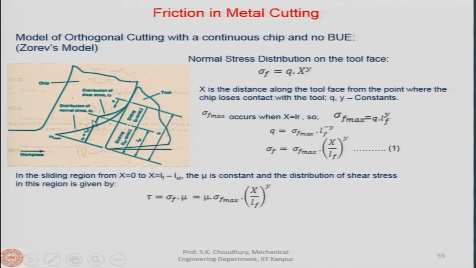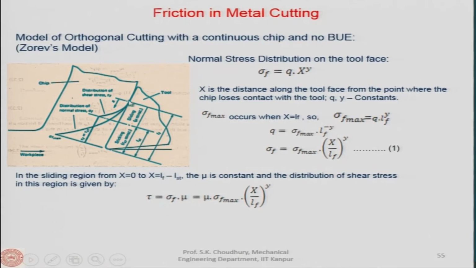But here in this zone, that is the sticking zone, the shear stress remains maximum, and the shear stress is constant everywhere. Let us say this is equal to tau_st. Tau_st is the shear stress in the sticking zone. Now, this length is L_f, the chip-tool contact length, and this length is L_st, from the tool tip up to the end of the sticking zone.